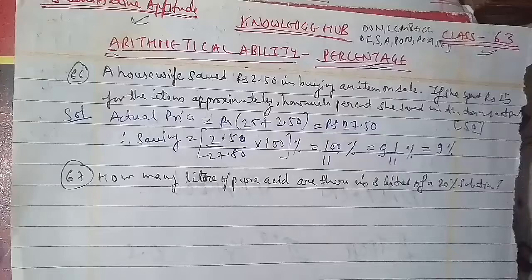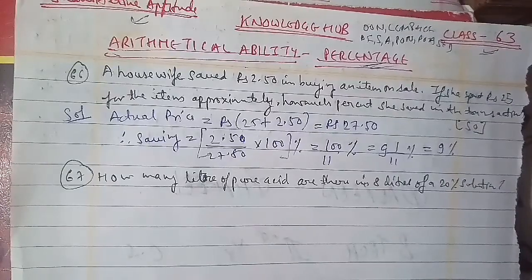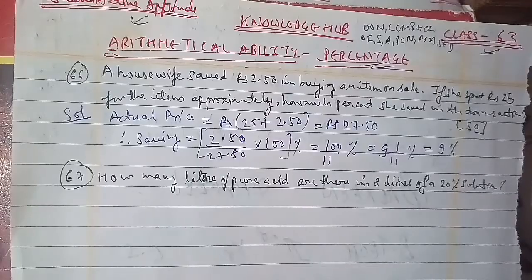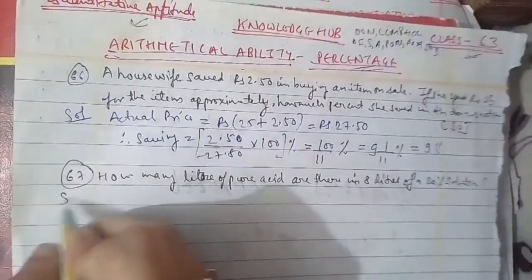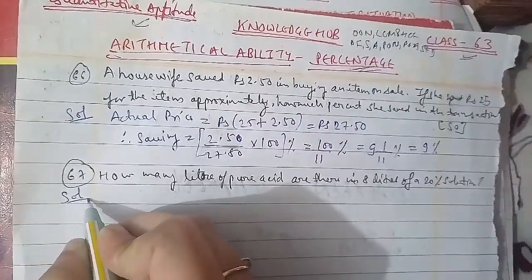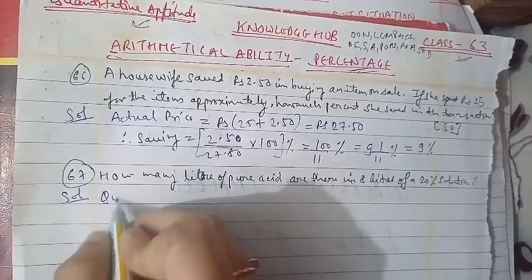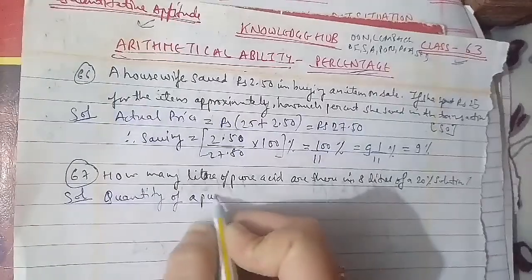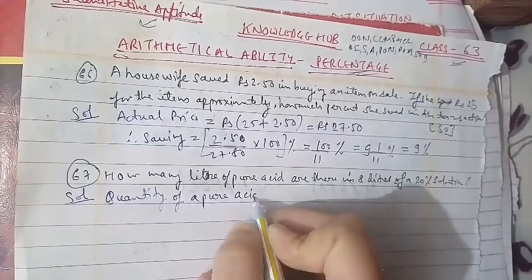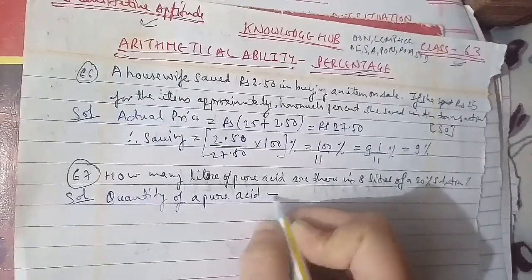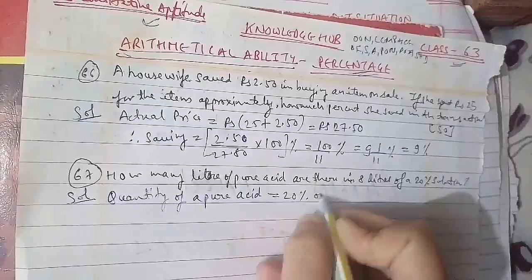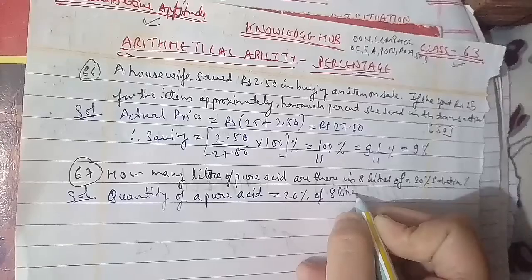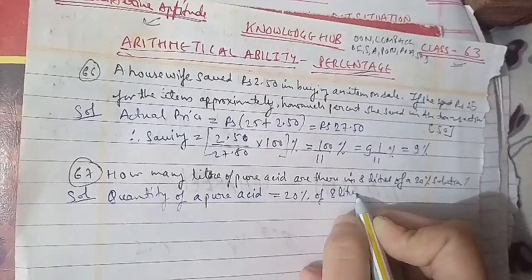The quantity of pure acid equals 20% of 8 liters, which equals 20 upon 100 into 8. 0 being cancelled by 0, 2 1s are 2, 2 5s are 10.